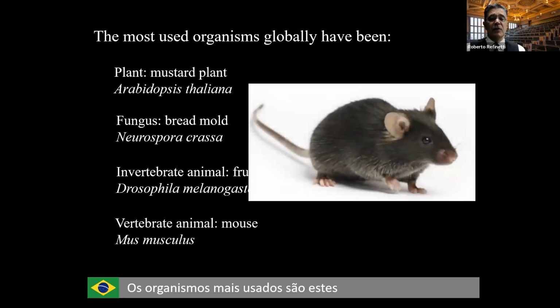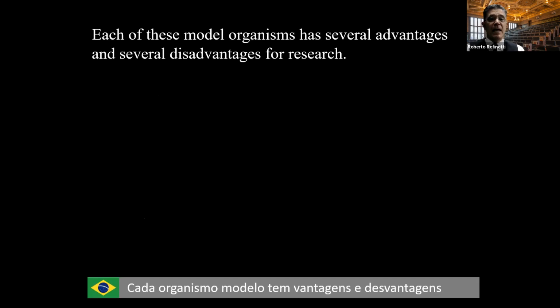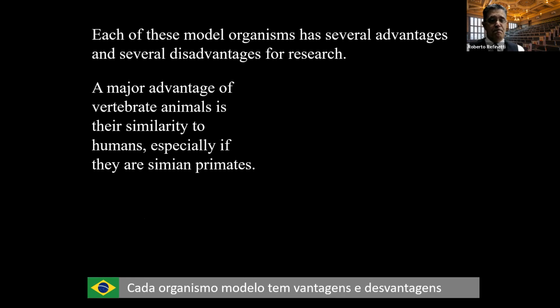And among vertebrate animals, the domestic or laboratory mouse, Mus musculus. So again, these were the 4 species used very widely among circadian biologists. Each of these model organisms has several advantages and several disadvantages for research.